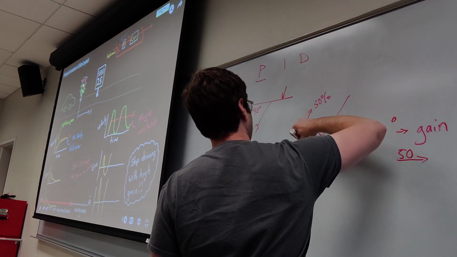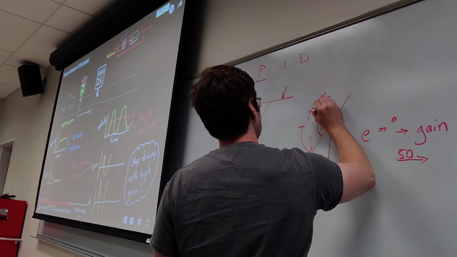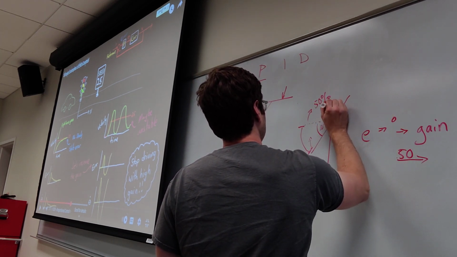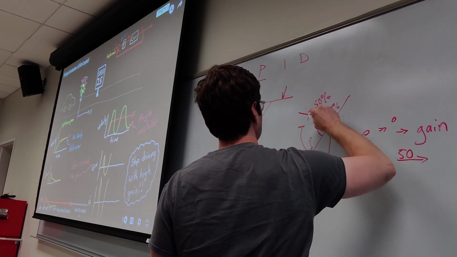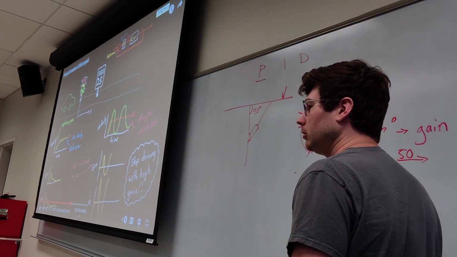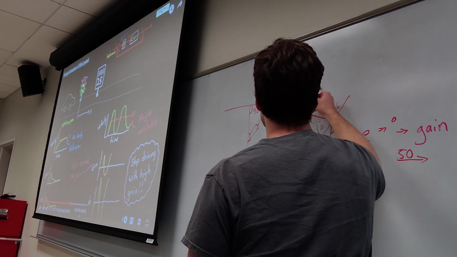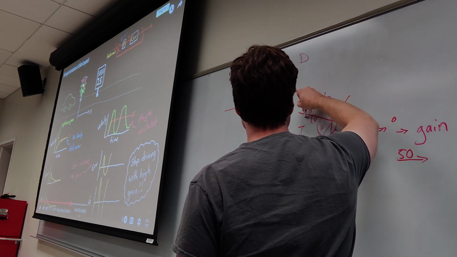The downside of this is you could totally push too hard and overshoot. So what they're saying would happen here is, say we think we need to give 50% power, but we actually needed to give 30%, and we swing wildly high. We're now here, and the error is in the other direction. We're overzealous in our movements. So now we have an error here, and we run the motor in the other direction.